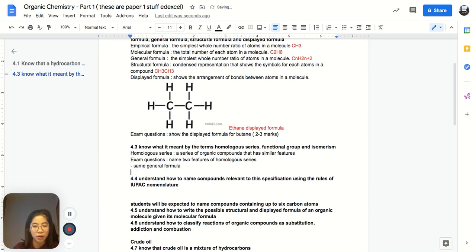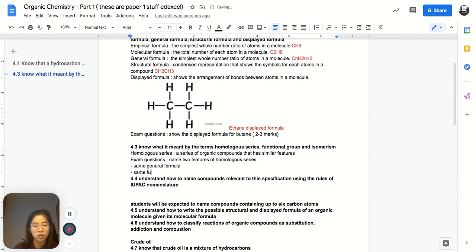So if you guys are smart enough, alkane and alkene are not in the same homologous series, but ethene and propene are in the same homologous series. Methane and ethane are in the same homologous series, and you will understand much more when I talk about alkane and alkene later on.